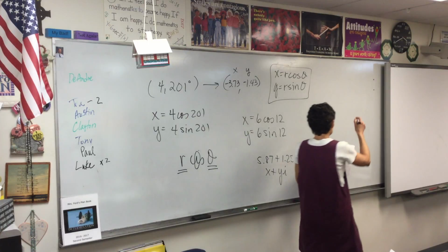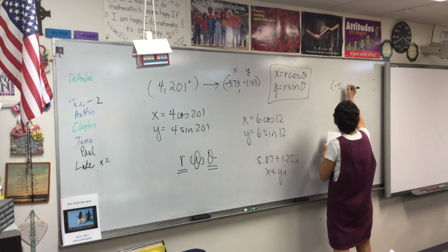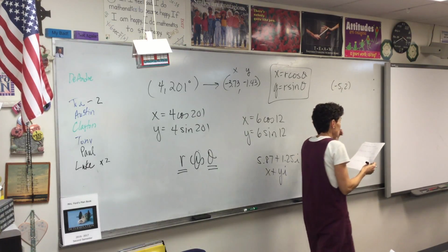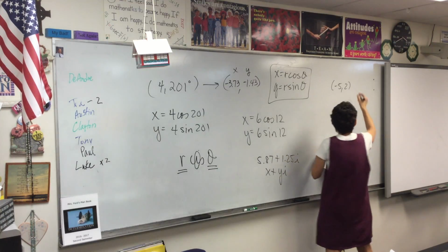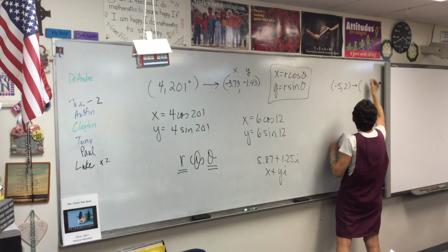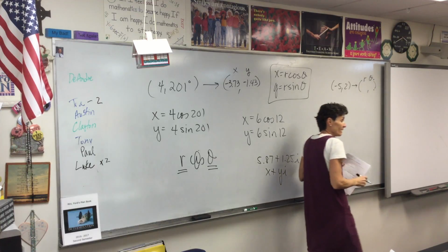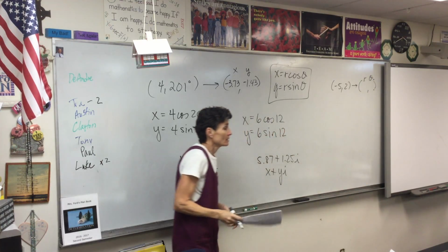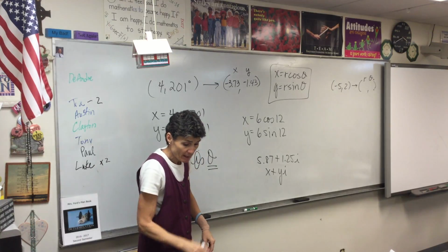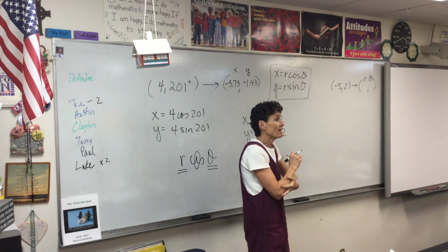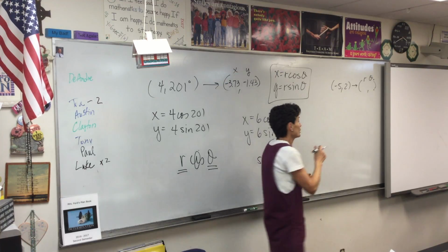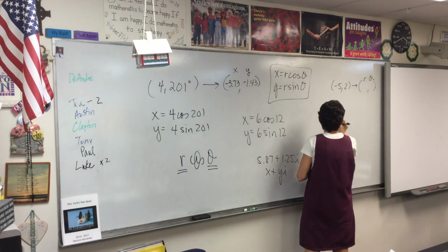Now, problem 2 and 3 say change to polar. That means we have to find r and theta. So everybody's paying attention now. To find r and theta, you're going to draw a picture.